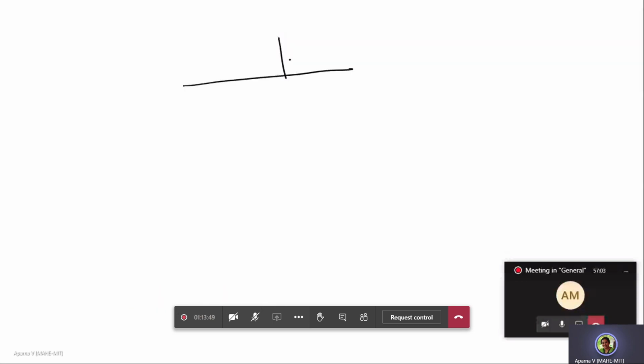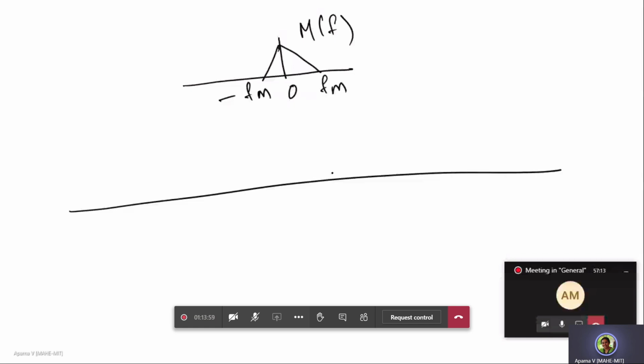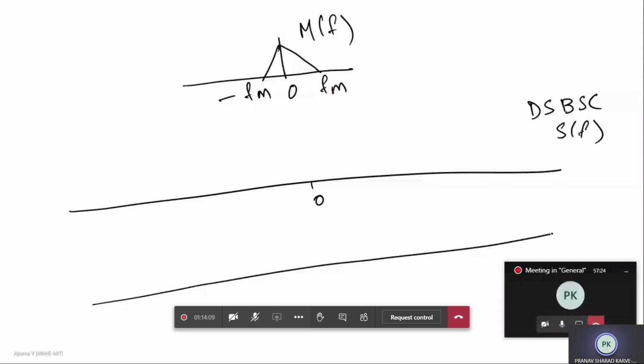Drawing the spectrum, suppose I have a message spectrum like this, M of f, 0, here you have fm, here you have minus fm. In your opinion, how will the spectrum look like for DSB-SC? Ma'am, shouldn't it be the same as before because it's the convolution of these two in frequency domain?